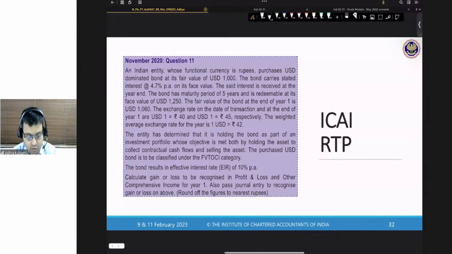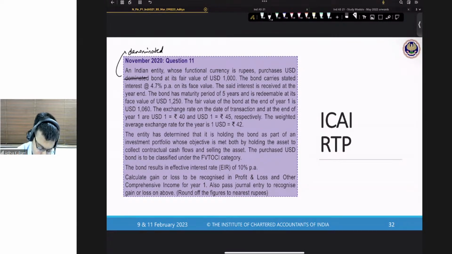An Indian entity whose functional currency is rupees purchases a US dollar denominated bond at the fair value of USD 1000. The bond carries stated interest at 4.7% on the face value. Interest is received at the end of the year.